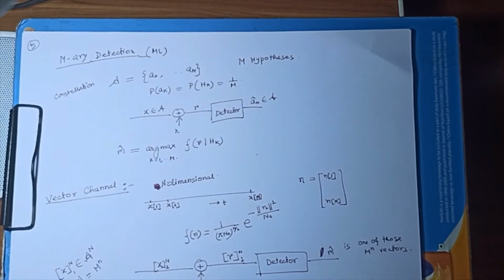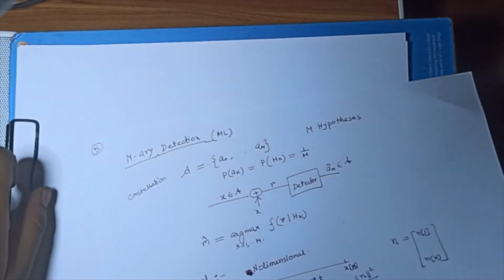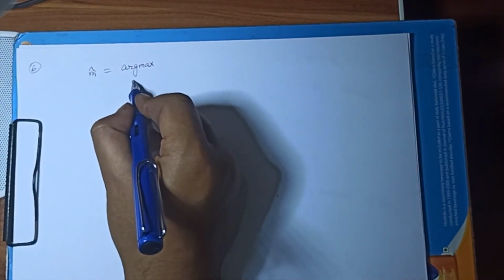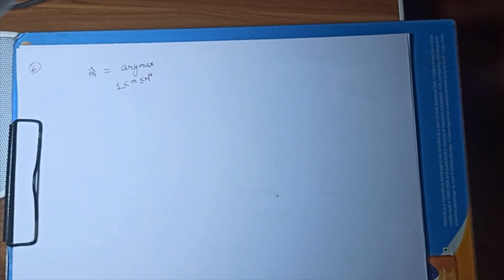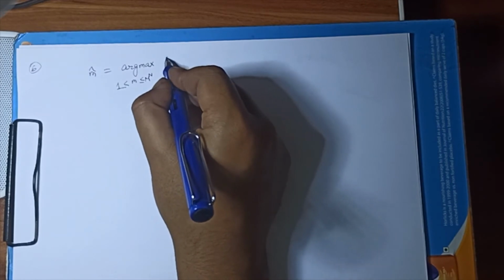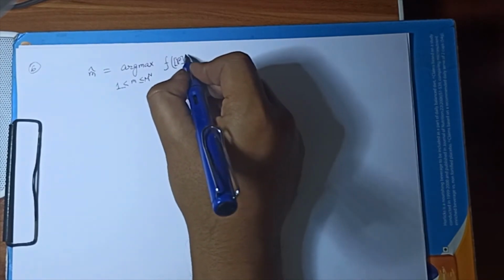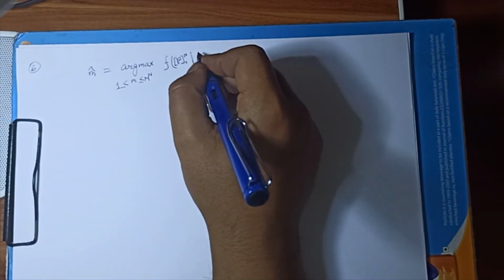Okay, then I am choosing that m-hat. So my m-hat is argmax, where m is between 1 and M to the power N, of f of r, the vector, given the symbol which has been coming.